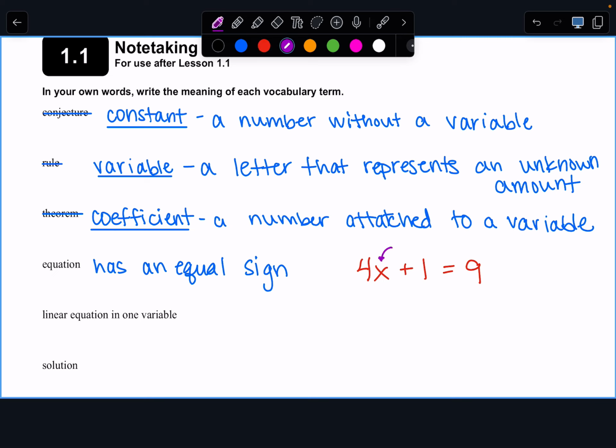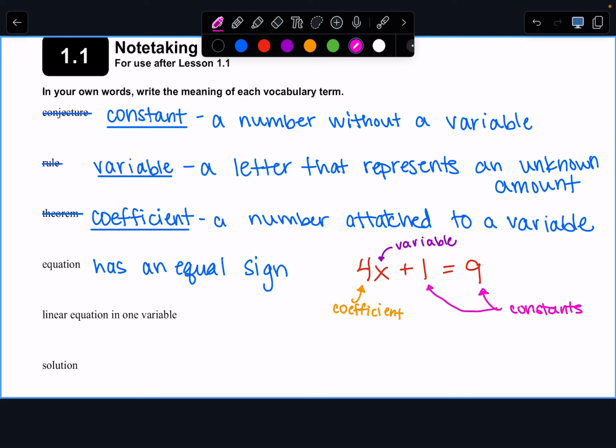This is our variable. What do we call 4? Coefficient. Not the same thing as a constant. I mean, almost. Our constants, we have 2 of them, 9 and 1.